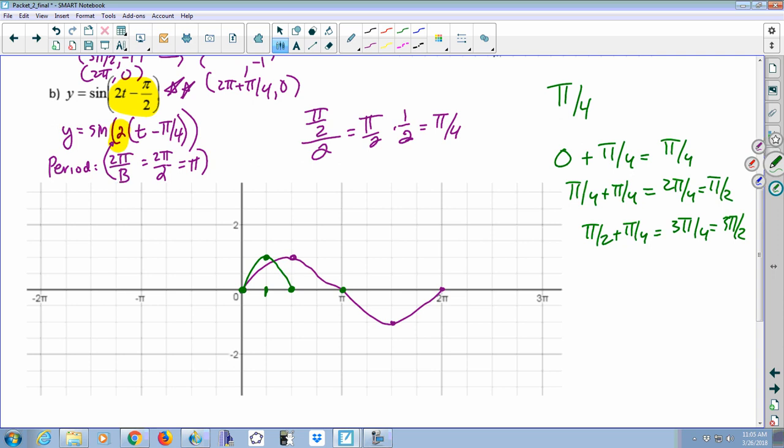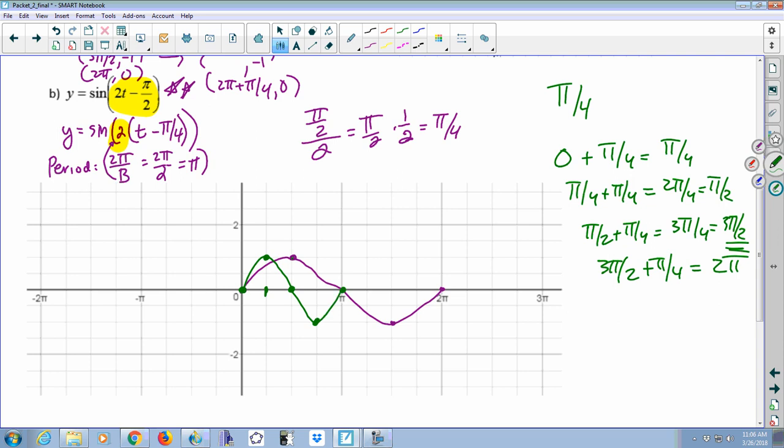And where do I go now for sine? Look at your purple one. You started at 0, you went up to your max, you came back to 0, and then you went down to your min, right? So I come down to my min at 3 pi over 4. And then 3 pi over 4 plus another pi over 4, you're at pi, and you're right back to where you started.